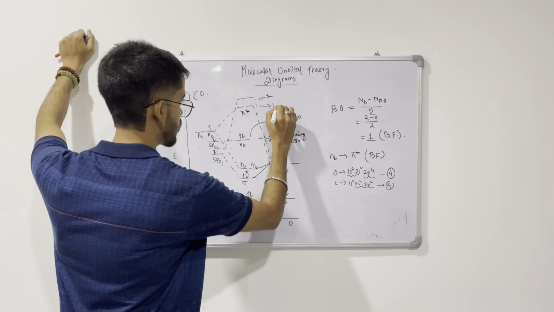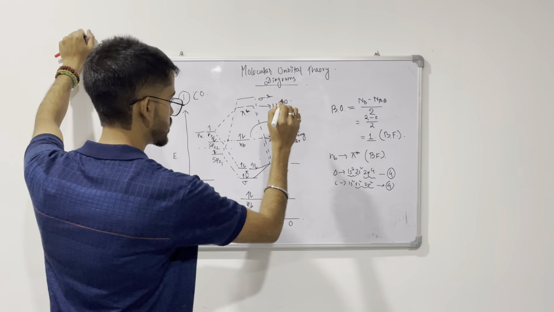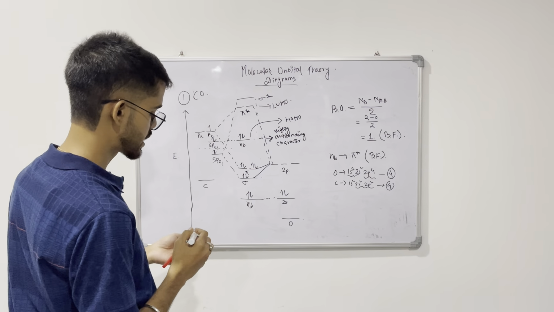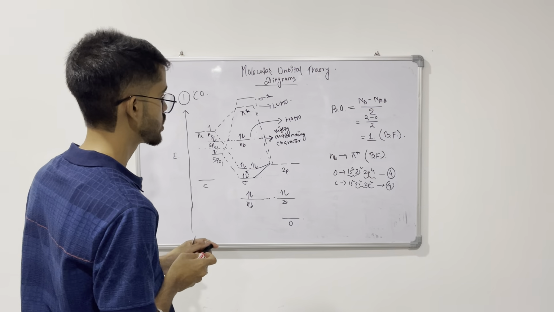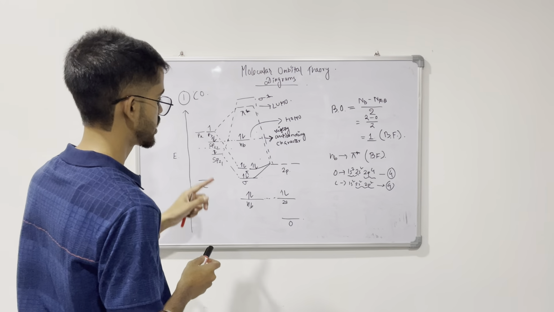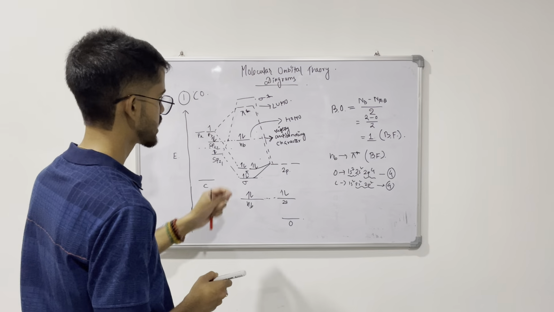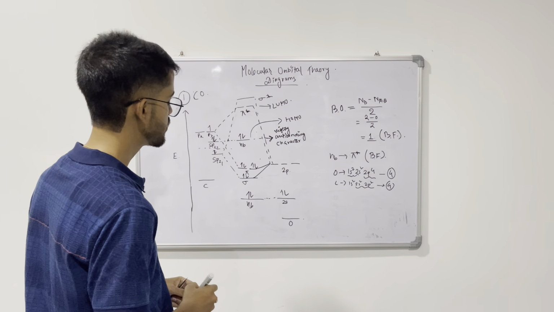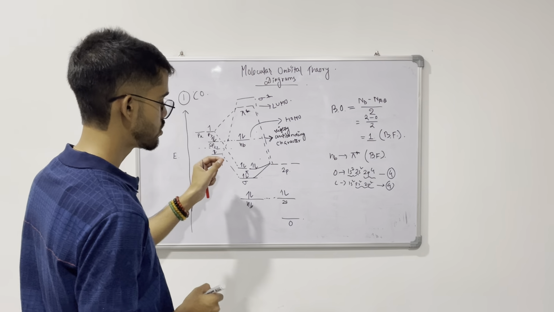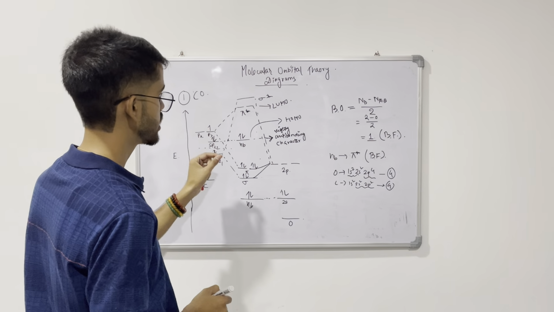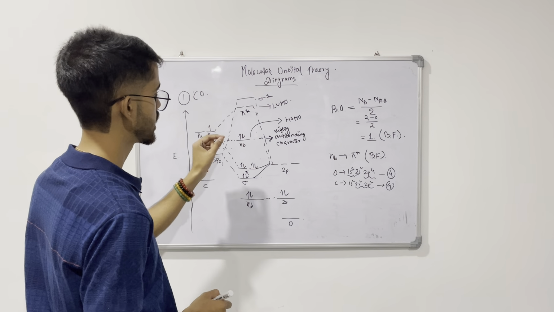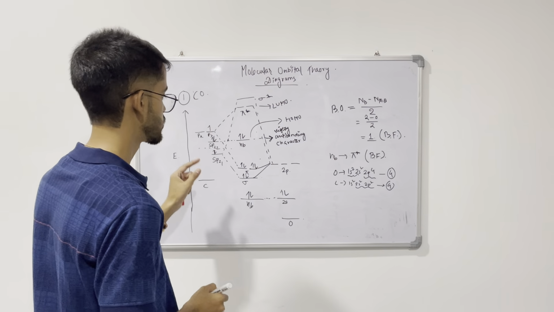This will be LUMO. So in the case of HF, in the earlier case, the frontier electrons are 4 and the pair is 2. In the case of carbon monoxide, the frontier molecular orbital is slightly antibonding character, LUMO, and HOMO is non-bonding, and frontier electrons are 2, pair is 1.